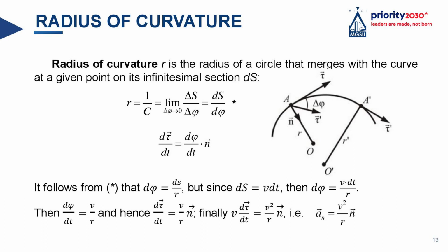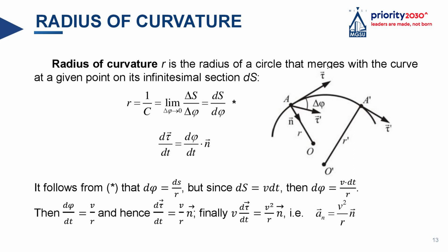The rate of the tangent direction change can be expressed as the product of the rate of change of the angle by the unit vector, showing the direction of change of the angle. d tau over dt is equal to d phi over dt n vector, where vector n is a unit vector directed perpendicular to the tangent tau at a given point. So it means along the radius of curvature to the center of curvature.